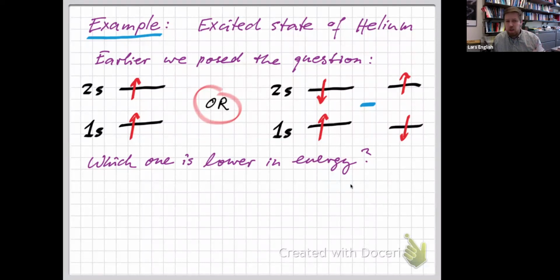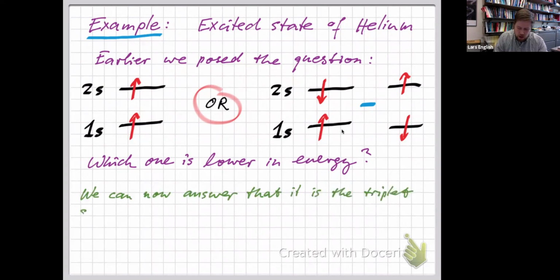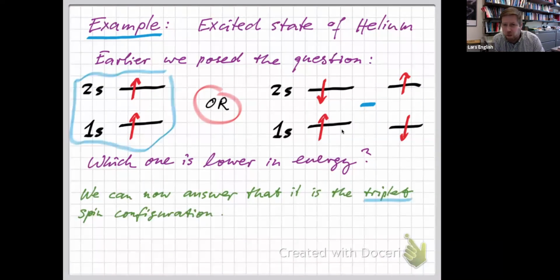The triplet state on the left, or the singlet state on the right. This is just one of the three triplet states, of course, but basically triplet or singlet. It is going to be the triplet, as we said earlier. So it's going to be the triplet spin configuration, but why?